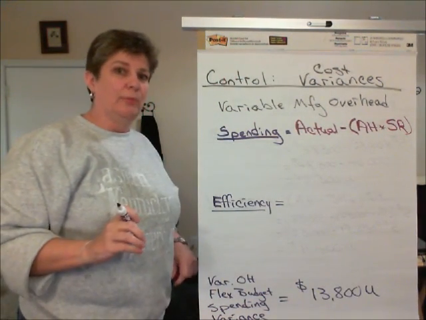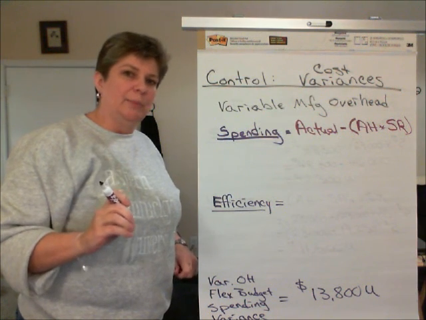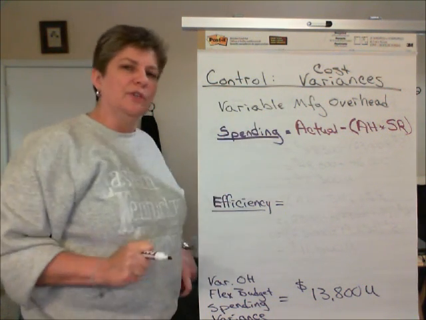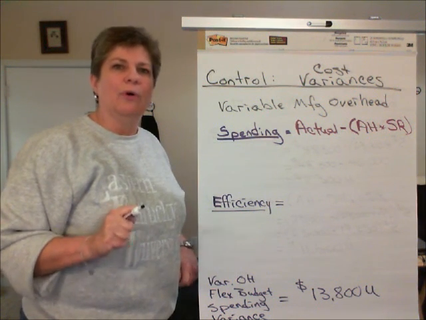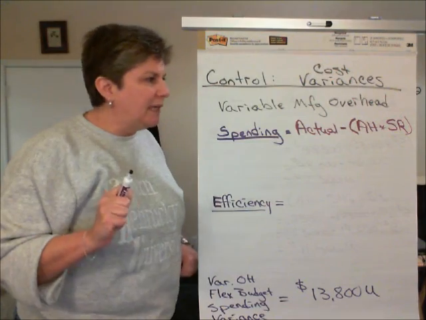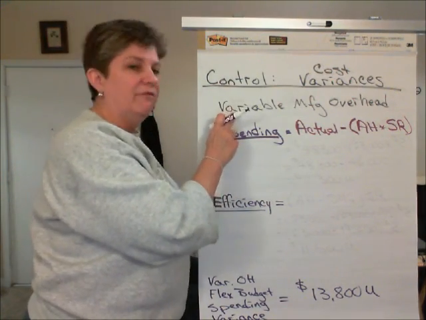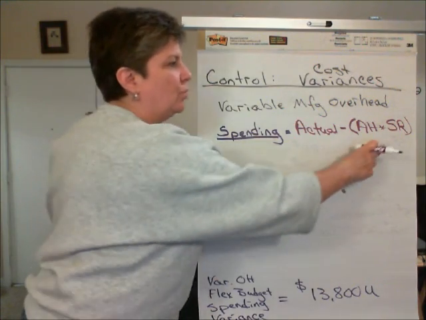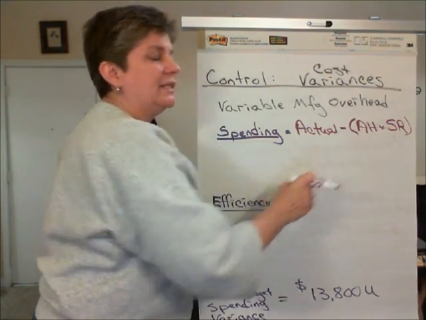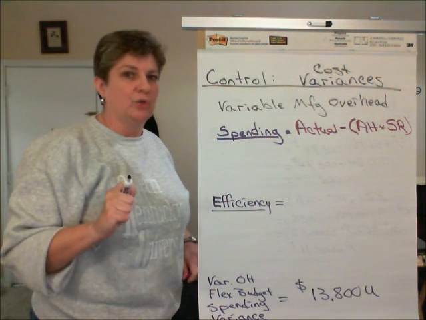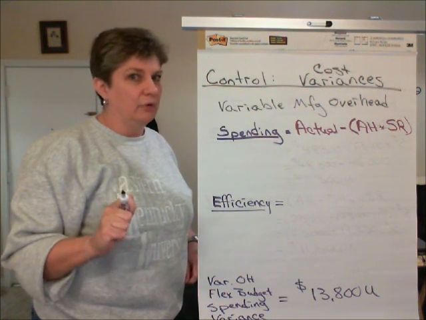Now, in this particular problem, overhead is applied based on direct labor hours. So we'll be using the actual direct labor hours in calculating this variance. But be careful, this is a variable manufacturing overhead variance. So be sure to pull the rate, the standard rate, for variable manufacturing overhead, not for labor.